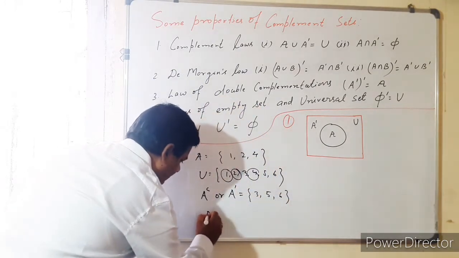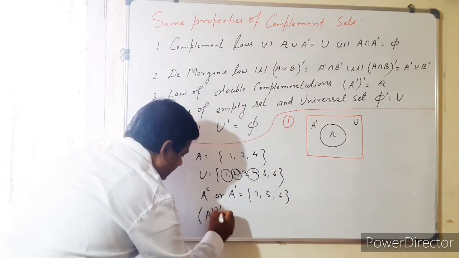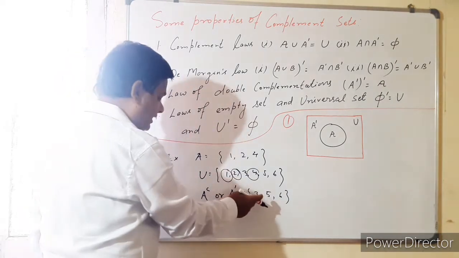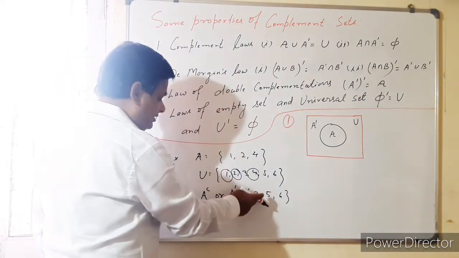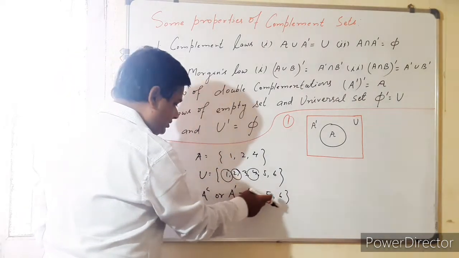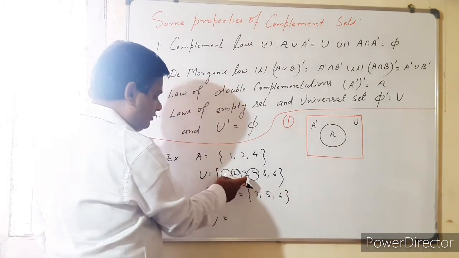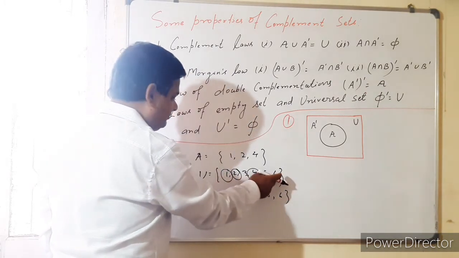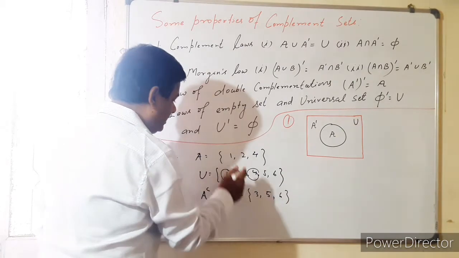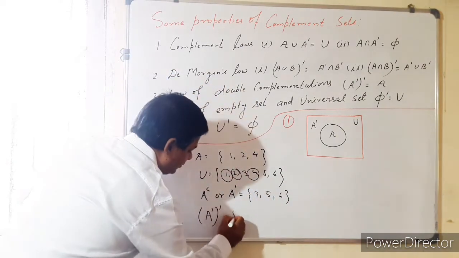Again, complement of complement. Now again you have to remove A complement, here 3, 5, 6, from the universal set. Remove 3, 5, 6, and then you will get 1, 2, 4.